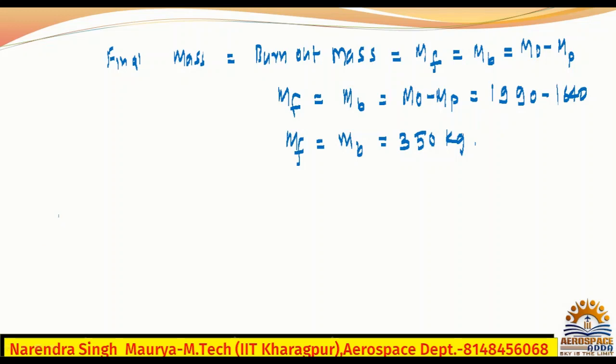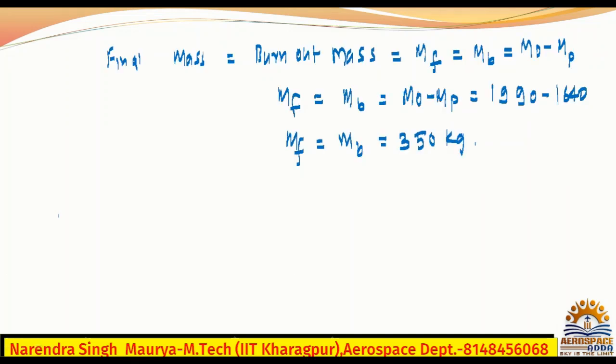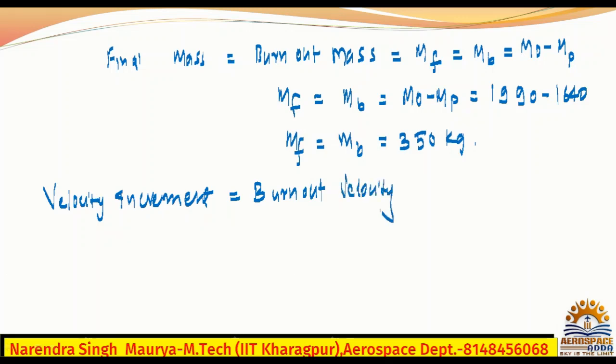Then what is the velocity increment? Velocity increment is also sometimes called burnout velocity. It is also sometimes called change in velocity.